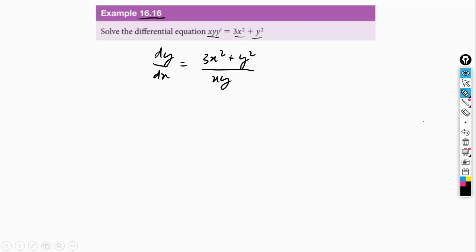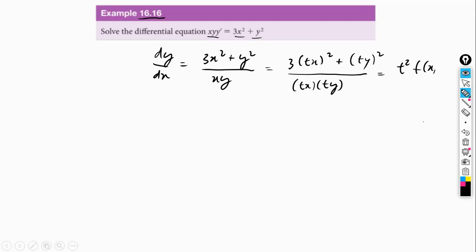And indeed, this is homogeneous because we can rewrite this as 3 times (tx) squared plus (ty) squared over tx times ty. And this is obviously in the form t to the 0 of f of x, y.